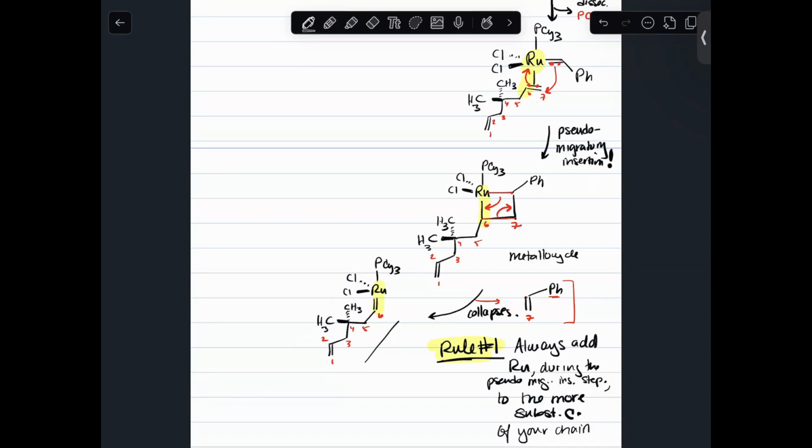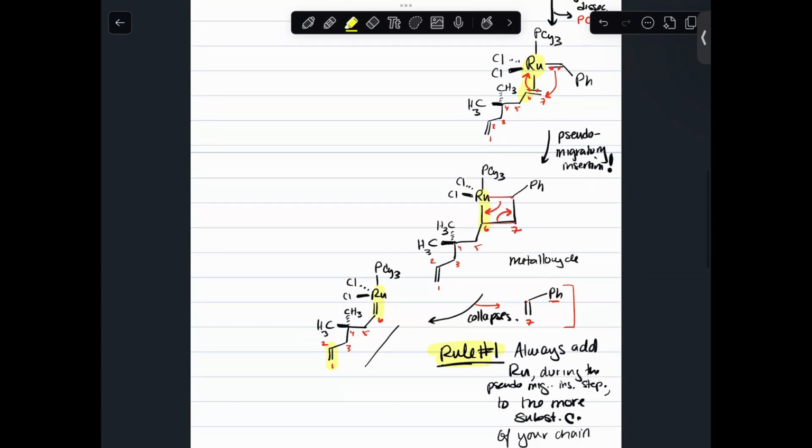Now that it's part of my chain, it can react with the other double bond. So I'll try my best to redraw this. This is just an equal sign to show you that I'm redrawing it so that the ruthenium and the double bond are right next to each other. So bear with me.